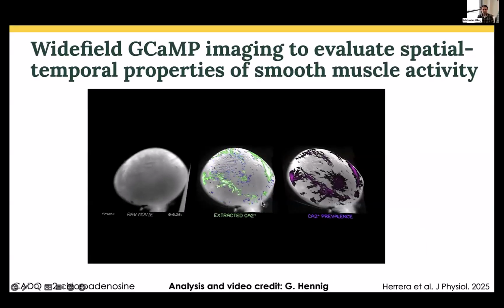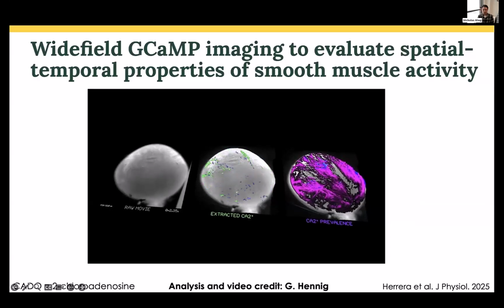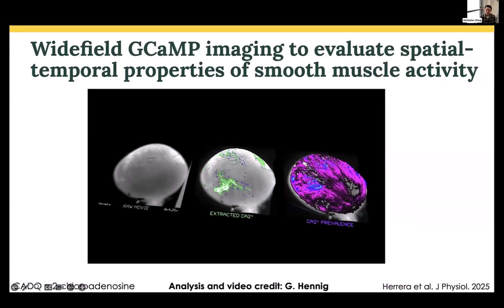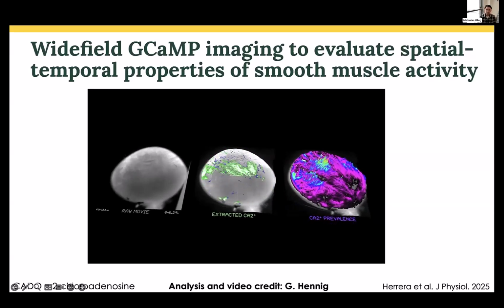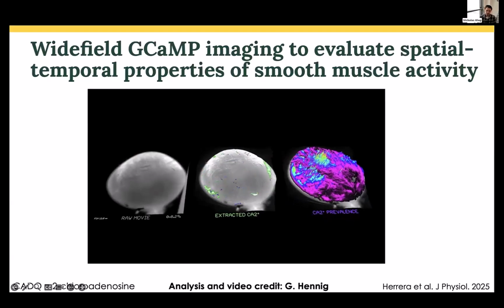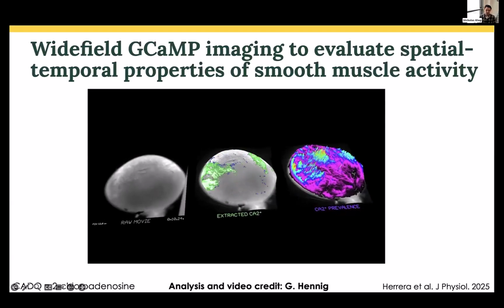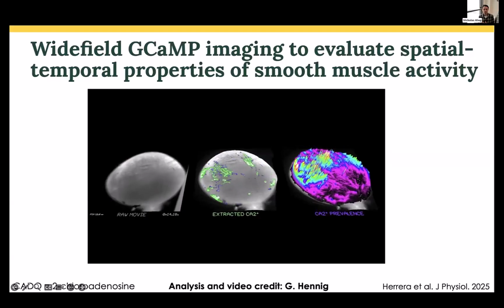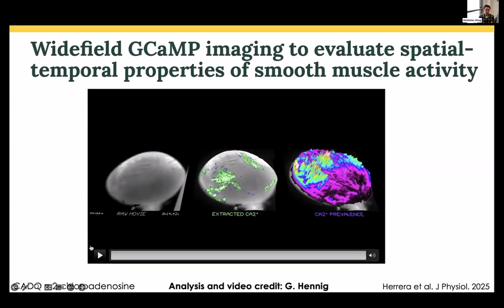As I mentioned earlier, we paired a lot of these experiments with fluorescent calcium imaging of GCaMP. So in the same experiments that generated those pressure events, we could also image the prevalence and coordination of smooth muscle cell action potentials across the surface of the bladder.